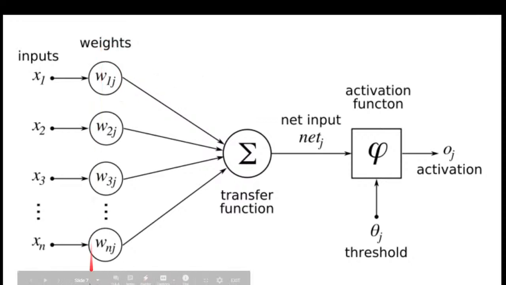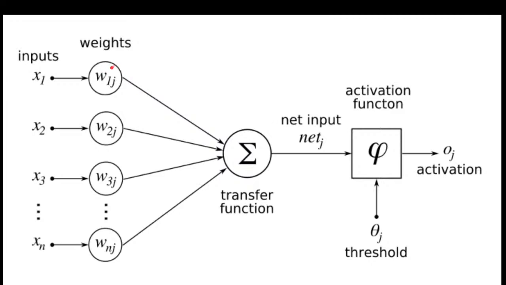Let us suppose we have four weights here. While working with the four weights, you have four kinds of inputs that will be assigned some kind of weight. Initially, in artificial neural networks, the weights are assigned randomly, they are not fixed.